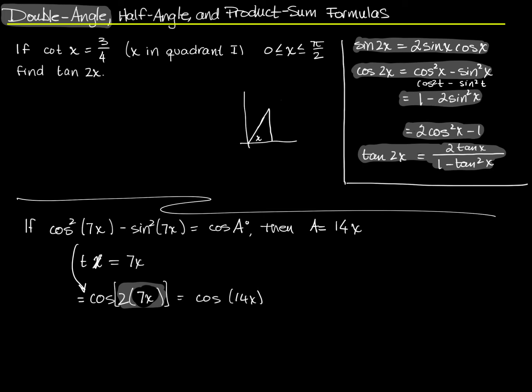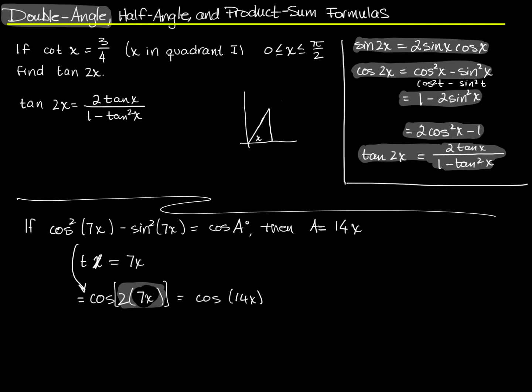All right, let's take a look at what we've been asked for. We've been asked to find the tangent of 2x. Well, we have a formula for the tangent of 2x. It's 2 times the tangent of x over 1 minus tangent squared of x. Well, I don't know the tangent of x, but I do know the cotangent of x. It's 4 over 3.